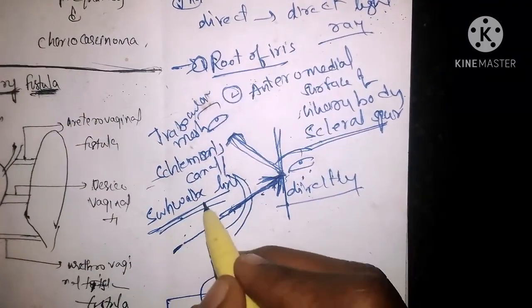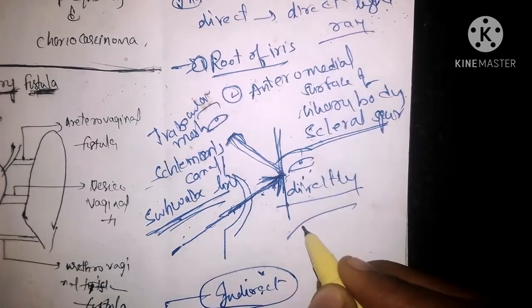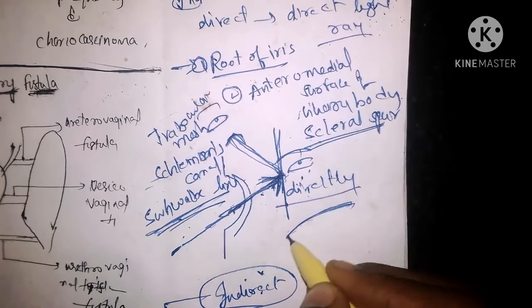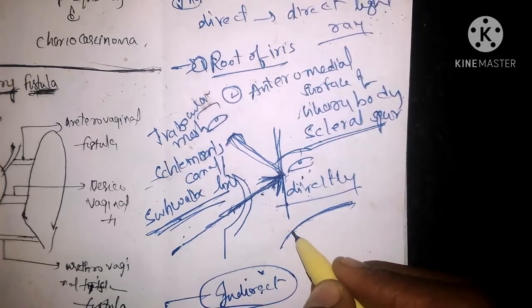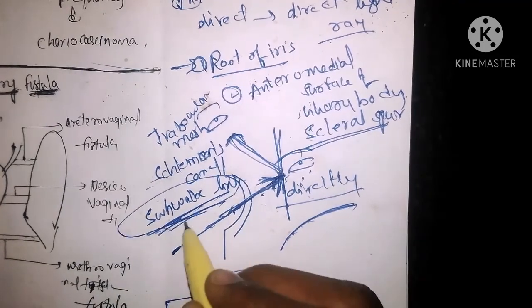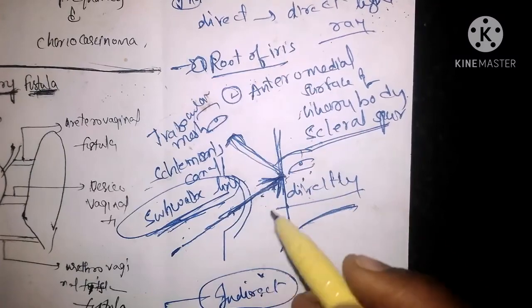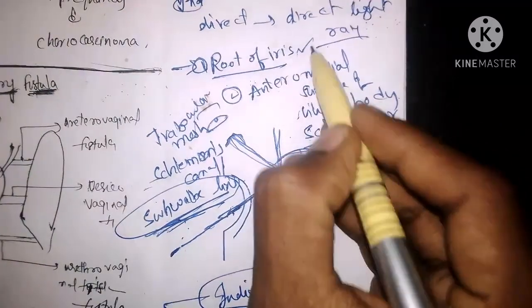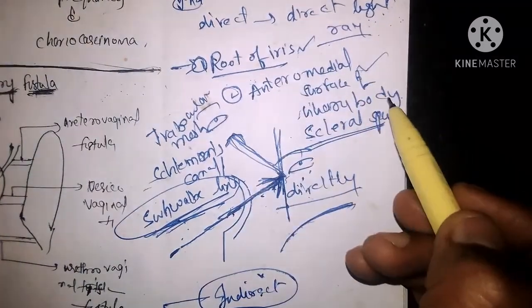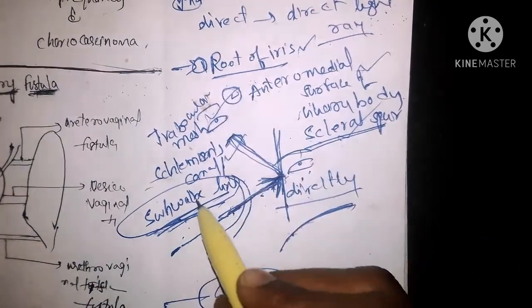This is actually a line present on the cornea, on the internal surface of the cornea. You have an anatomical line. This line is called Schwalbe's line. Clear? Remember that. So these are the structures that we can see. One is root of iris. Second is anterior medial surface of ciliary body, scleral spur, trabecular meshwork, Schlemm's canal, Schwalbe's line.